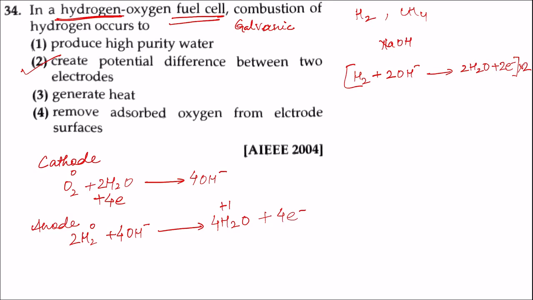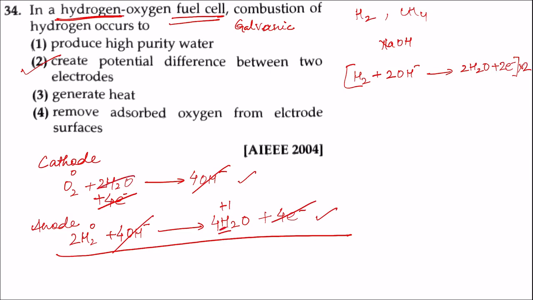Now the number of electrons gained is equal to the number of electrons lost. Adding the reaction at cathode and anode, 4OH minus ions will cancel, 4 electrons and 4 electrons will get cancelled, and 4H2O minus 2H2O will be equal to 2H2O.